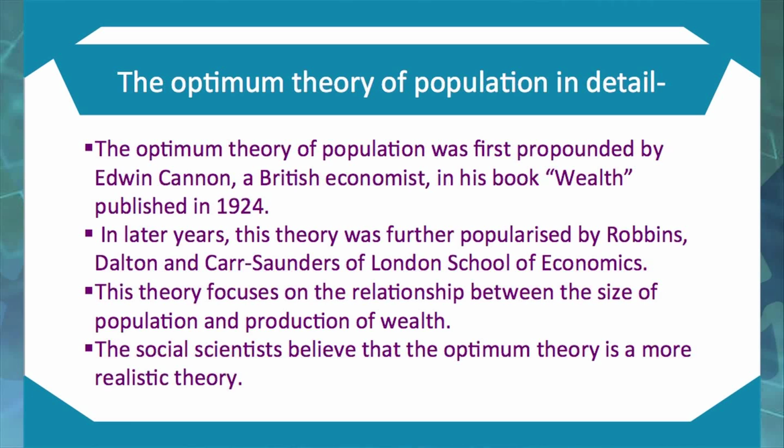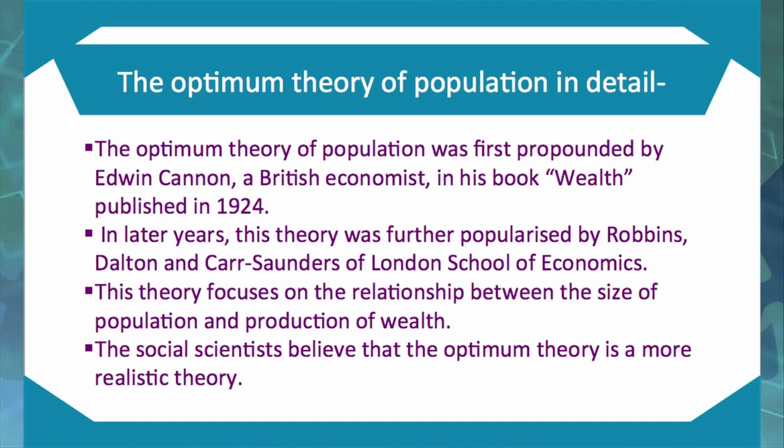This theory focuses on the relationship between the size of population and production of wealth. Social scientists consider the optimum theory of population as a development over the Malthusian theory. Why?